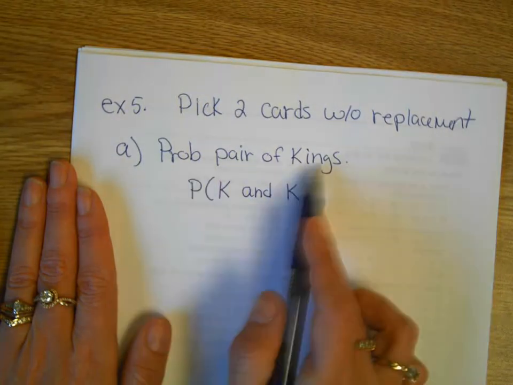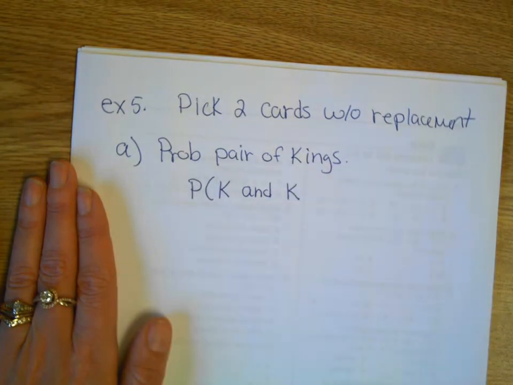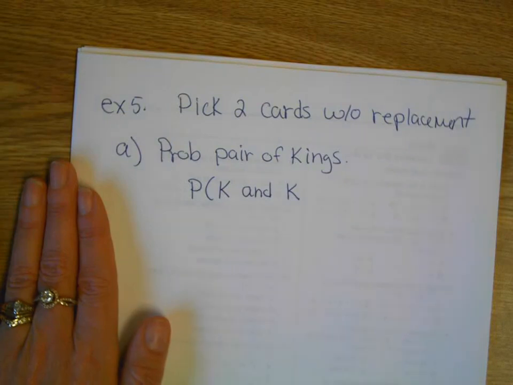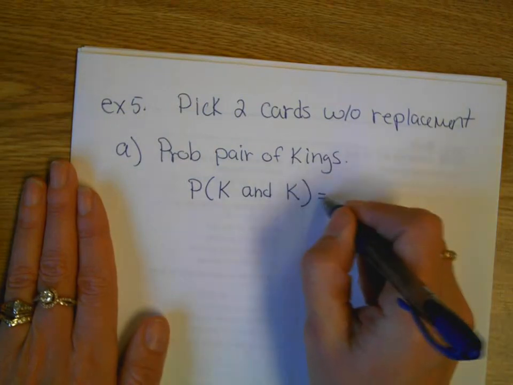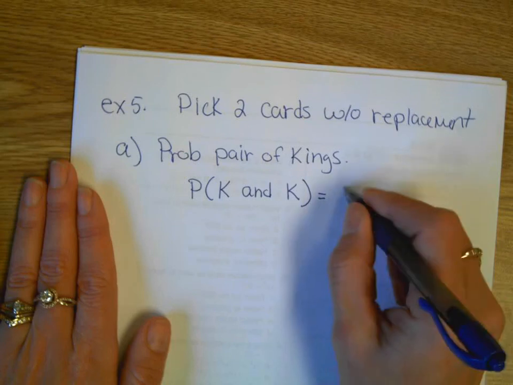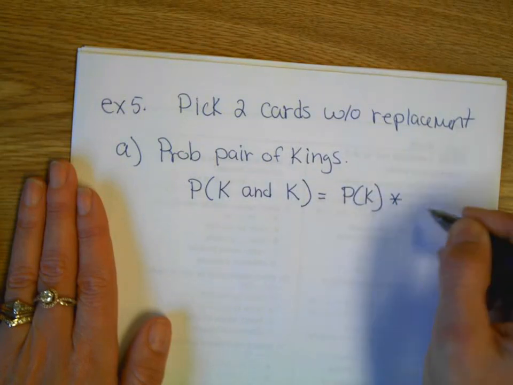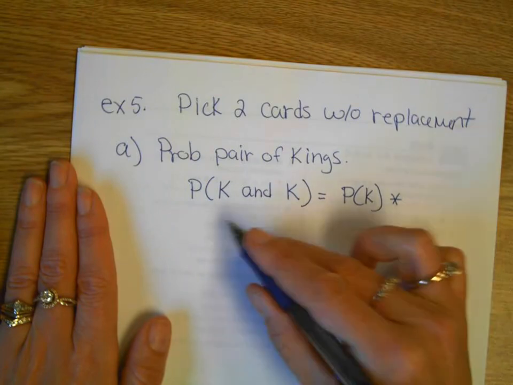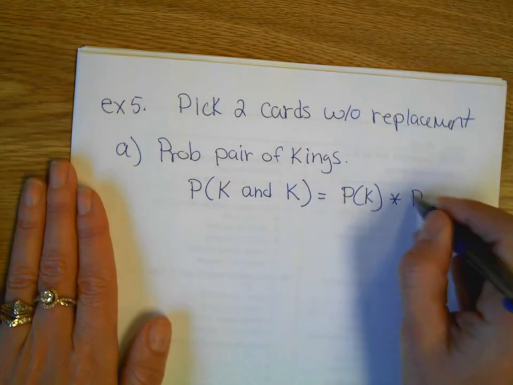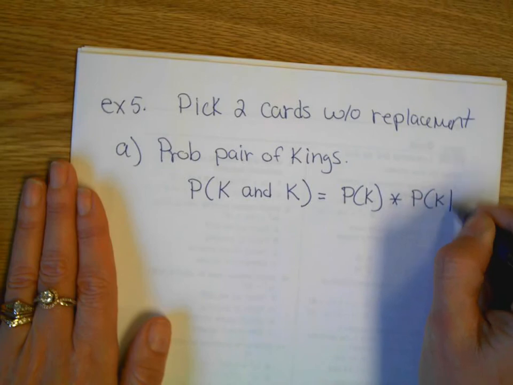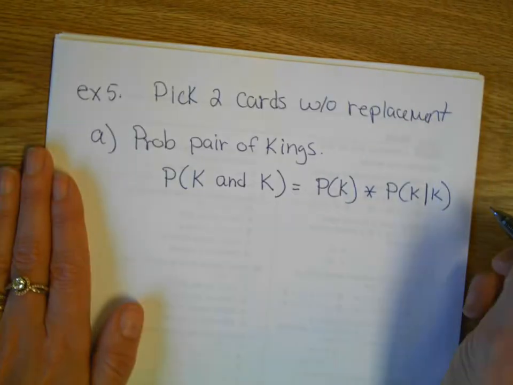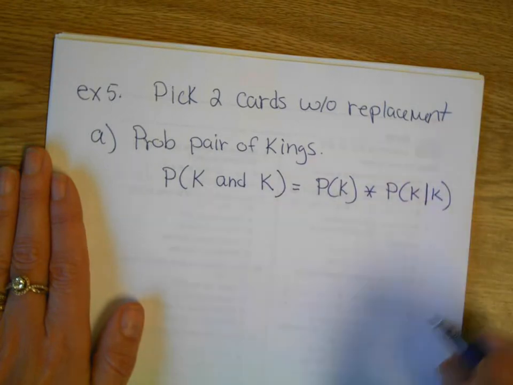So once you can take this phrase and turn it into an and, you know you've got to multiply the probabilities together. And my formula says, yes, multiply. So it's the probability the first one's a king. But the second one is conditional on the first one happening. So that means a king, given that a king has already been drawn out. The second one needs to be conditional on the first one.